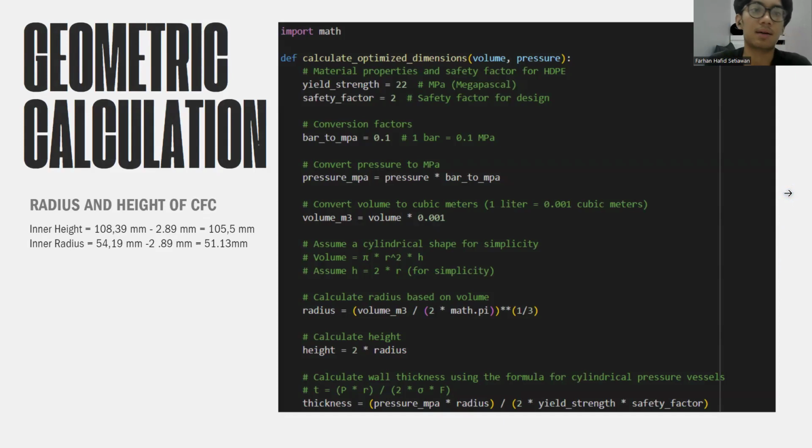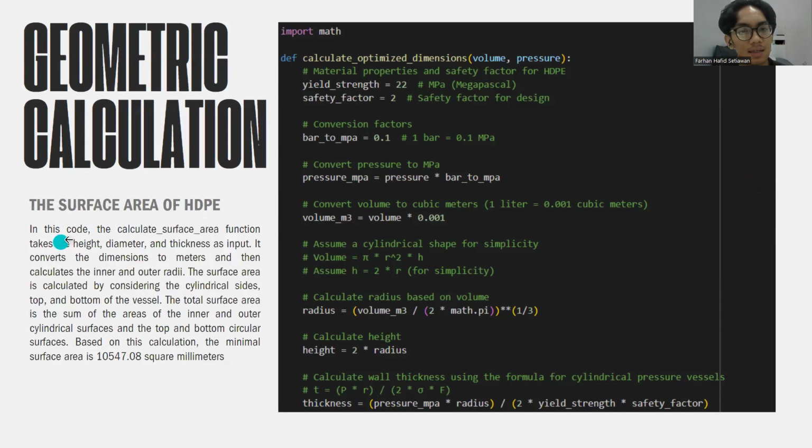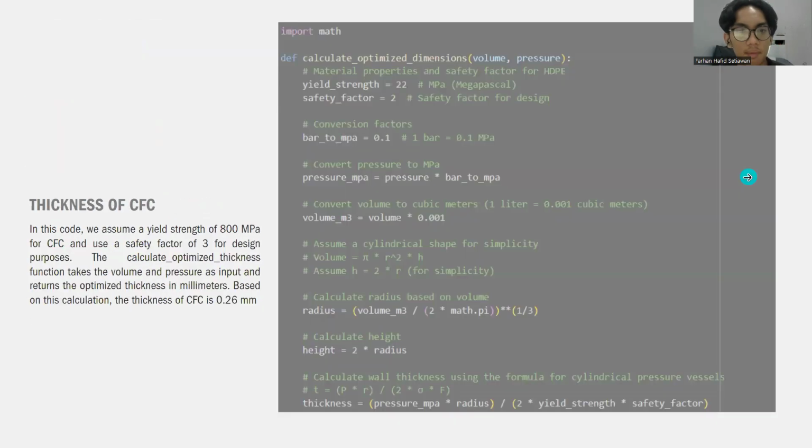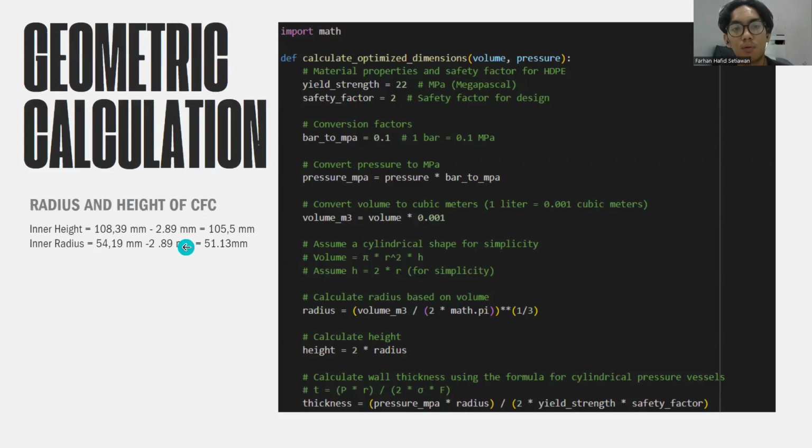Okay, next we're going to calculate the radius and height of the CFC, carbon fiber composite. Inner height is the height of the HDPE minus 2.89 millimeters.